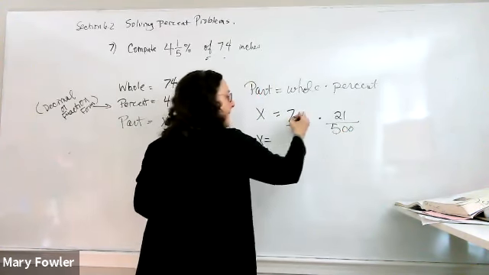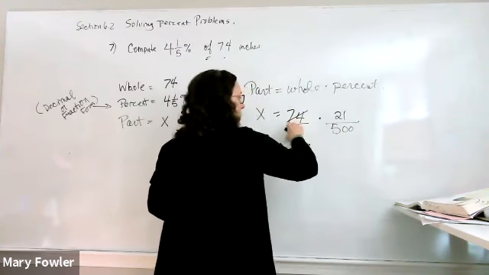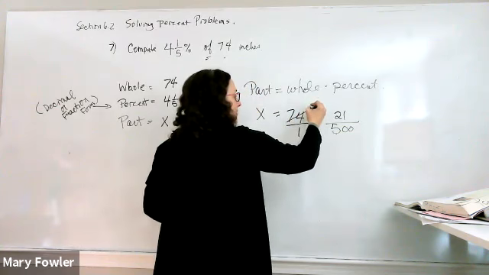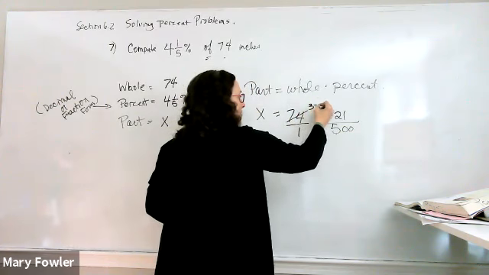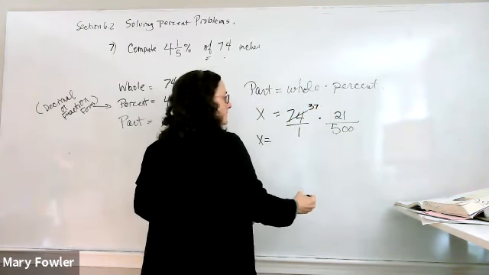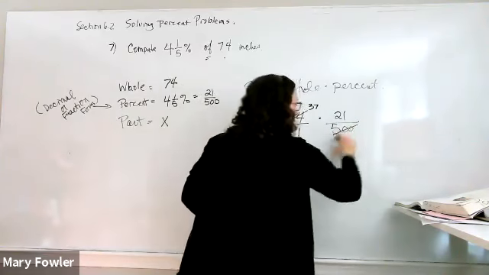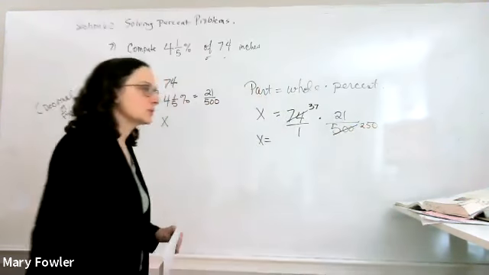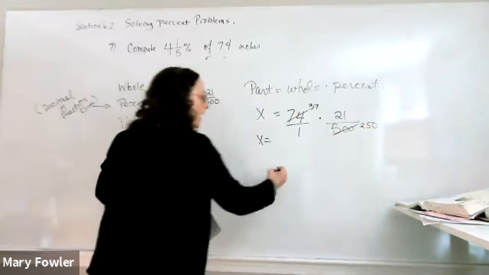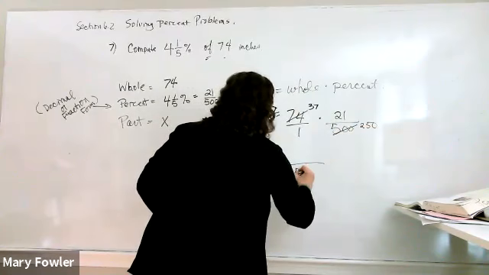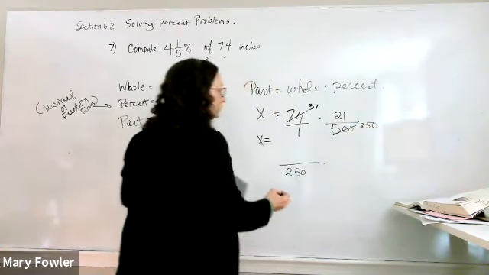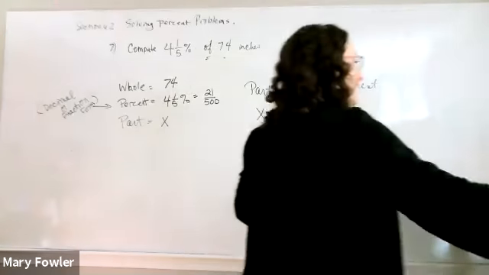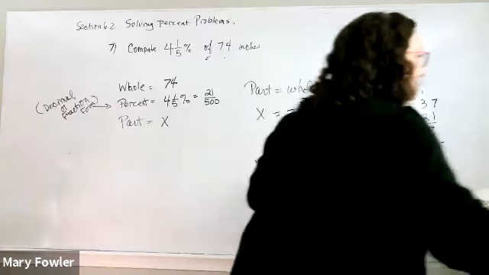And so let's just go ahead and take 2 out of 74, so that would be 37. And 2 goes into 500 250 times. So what I have here is 250 times, in the numerator, 37 over 21.